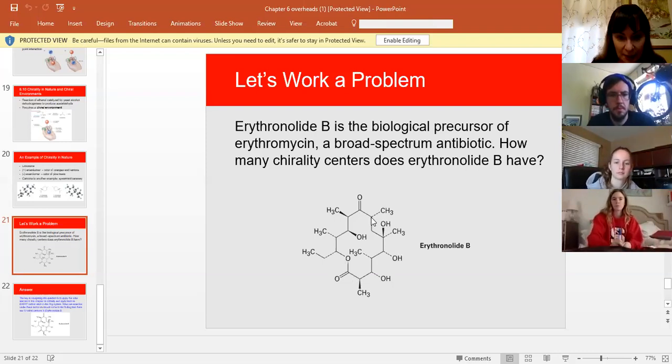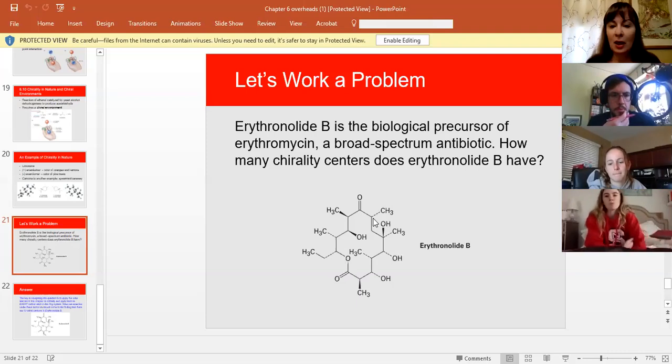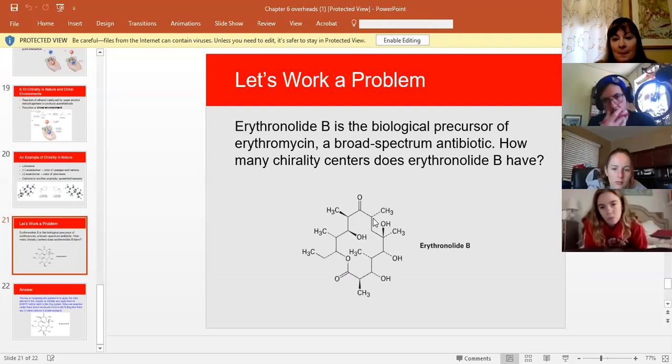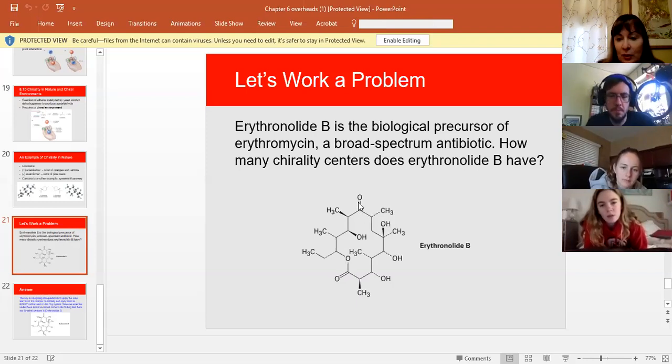I think I'm gonna start right here. I'm pointing to that carbon right there on the side of the oxygen that has the double bond. Do you guys think that that carbon could be a chiral carbon? What substituents does that guy have? It looks like it has a methyl group, right? It has this side of the huge ring, which goes to a double bond to oxygen, right?